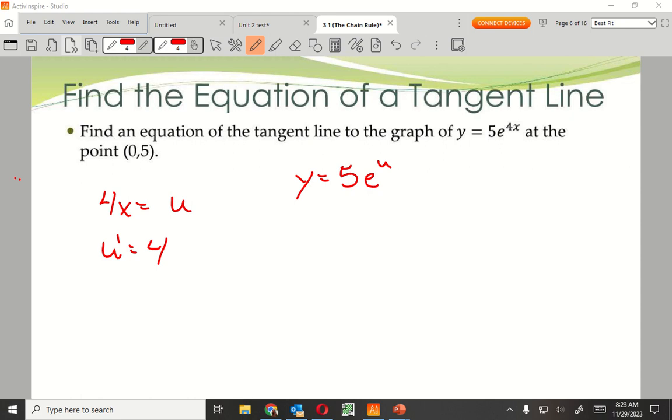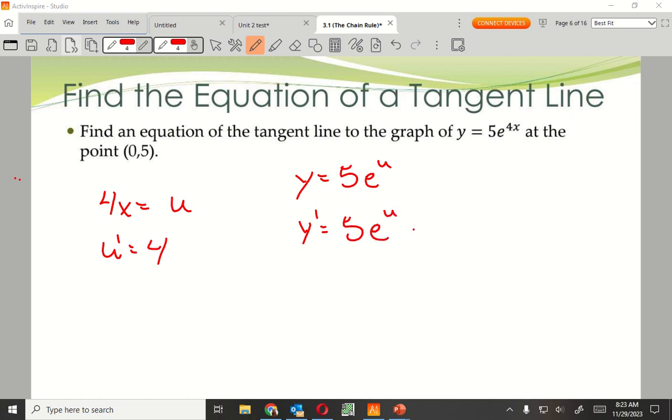All right, so now, can I take the derivative of that? Yes, I can. What's the derivative of 5e to the u? So y prime is 5e to the u.